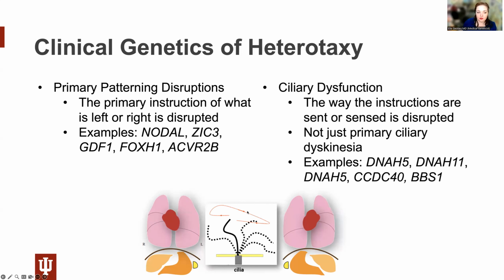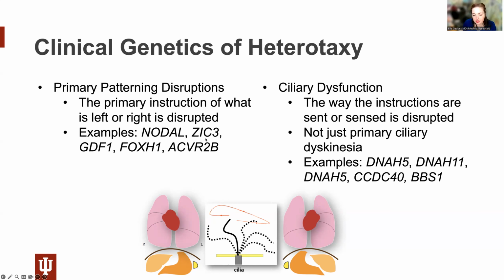And when we look at the primary patterning thing, some example genes I think of are NODAL, ZIC3, GDF1, FOXH1, ACVR2B. And so those names aren't important. You don't have to remember them. But even that isn't so clean.